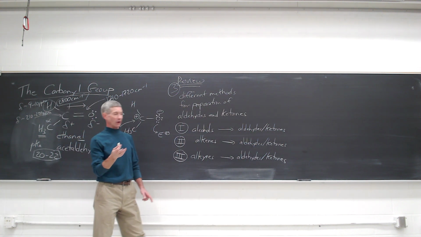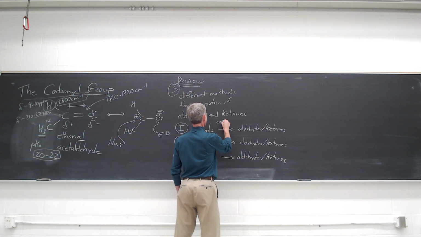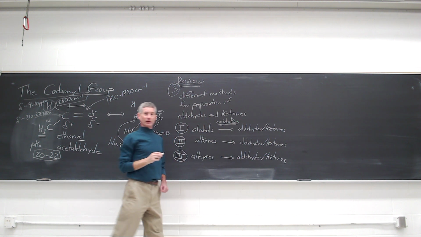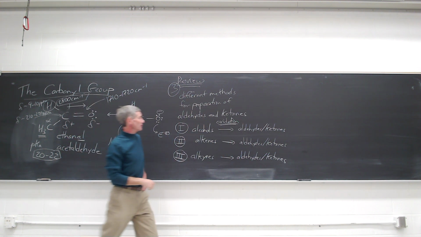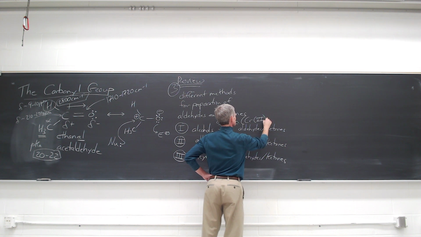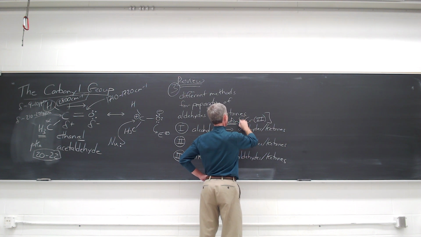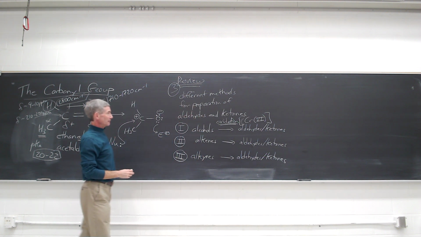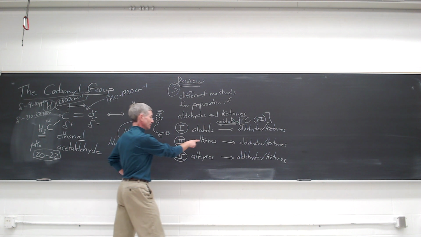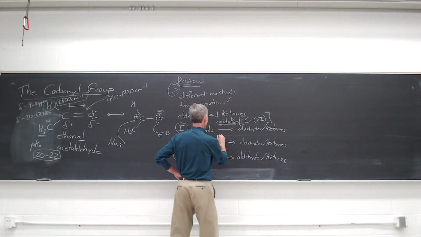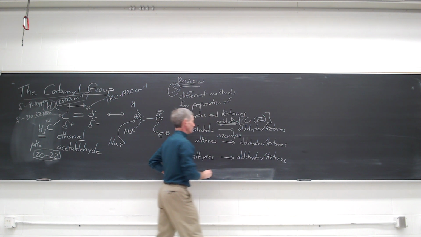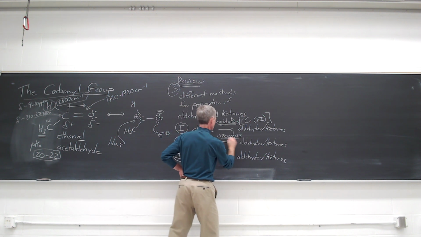Alcohols are converted to aldehydes and ketones. That's an oxidation reaction. And there were a variety of mostly chromium-6 reagents for that, including PCC and PDC and potassium dichromate. Alkenes to aldehydes and ketones was ozonolysis, which is an oxidative cleavage reaction.